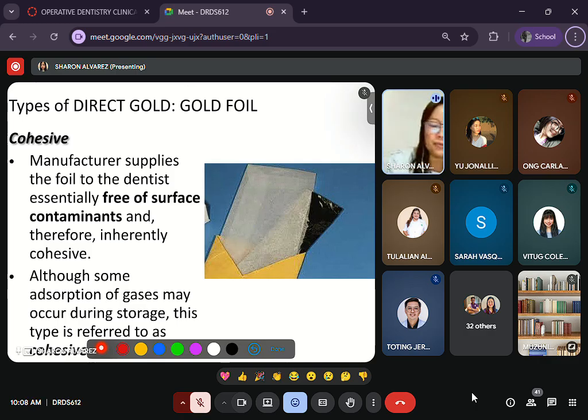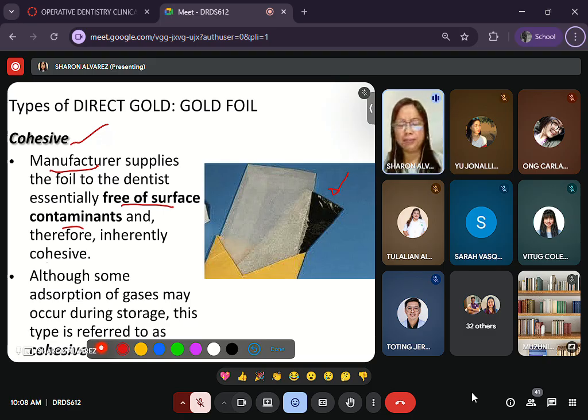The cohesive gold foil is manufactured wherein the manufacturer will make sure that the gold foil is free of surface contaminant. Meaning it's really pure without surface contaminant. Therefore, it's really cohesive. Cold welding is facilitated.